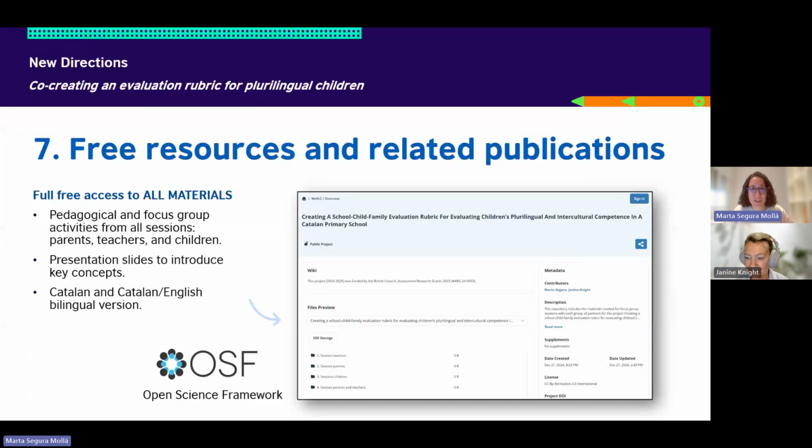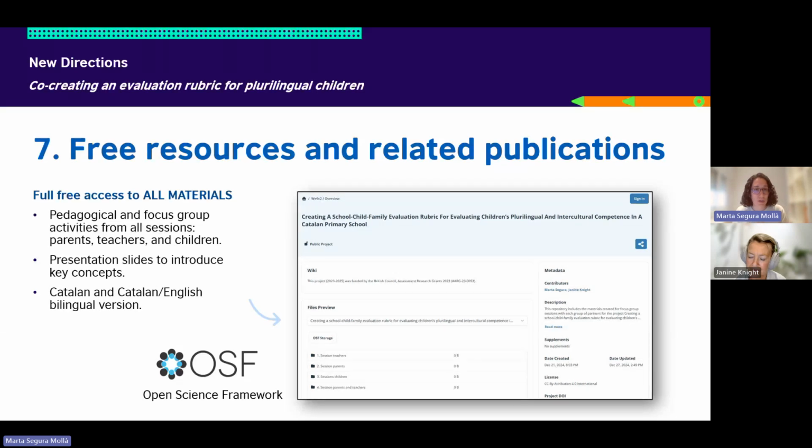So just a quick note, everything that you see here, you'll be able to access through a QR code that will show on the final slide and that will be sent to you as well. But what can you find through the QR code? Free open access to all of the pedagogical materials we use within each of the sessions, so with the parents, with the teachers, and with the students.